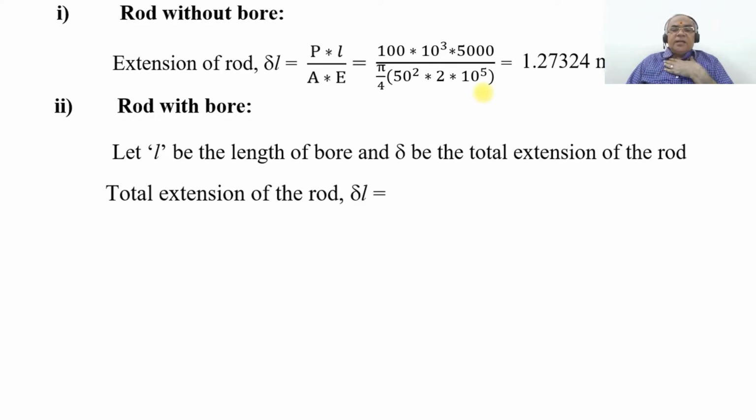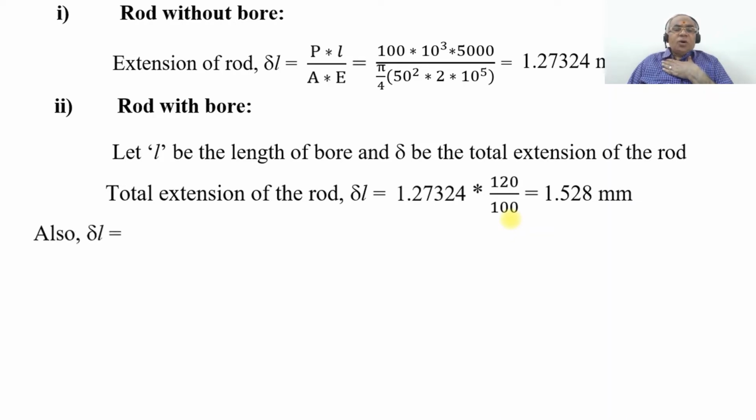Delta L will be equal to, as given, 20% more than the total extension, so 1.27324 into 120 by 100, 20% greater.